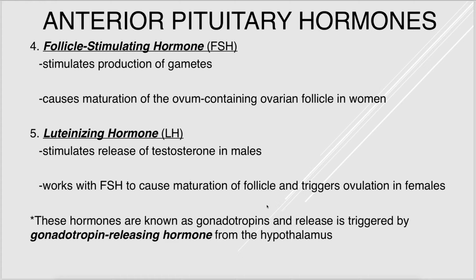It's also going to be involved with maturation of the ovarian follicle, and it also is the trigger for ovulation in females. So it's that luteinizing hormone surge that really triggers ovulation. Again, these hormones are known as gonadotropins, and their release is triggered by gonadotropin releasing hormone from the hypothalamus.